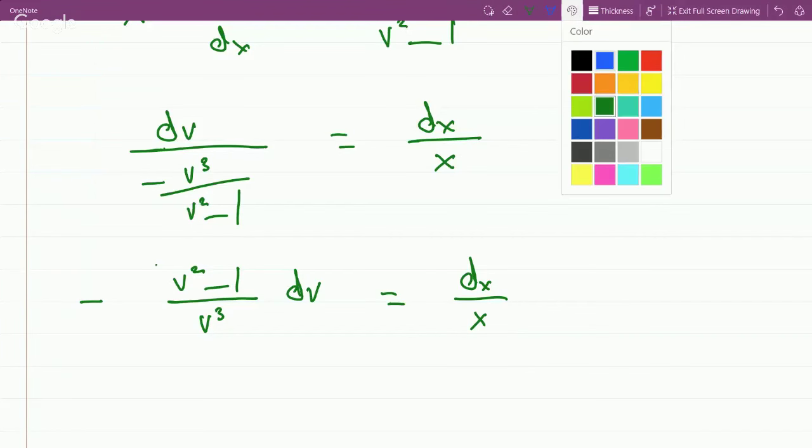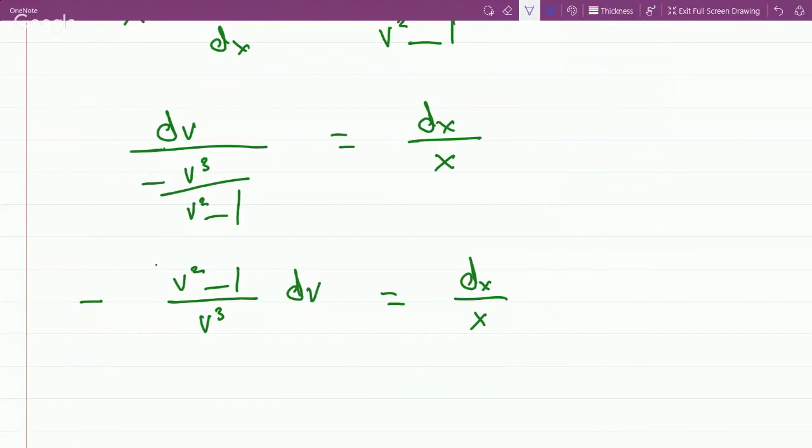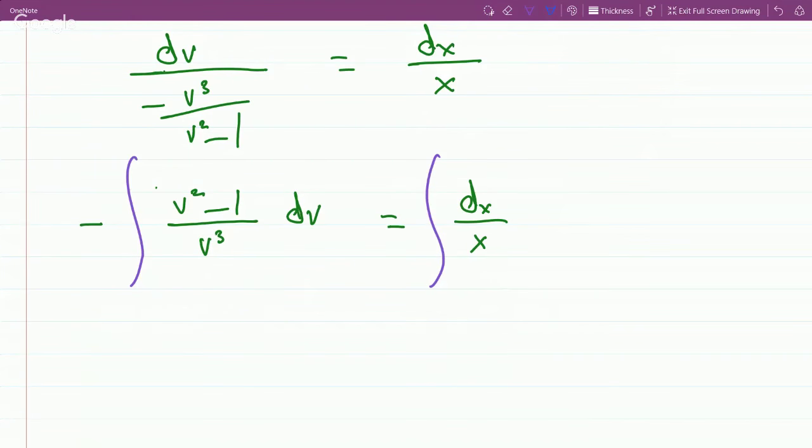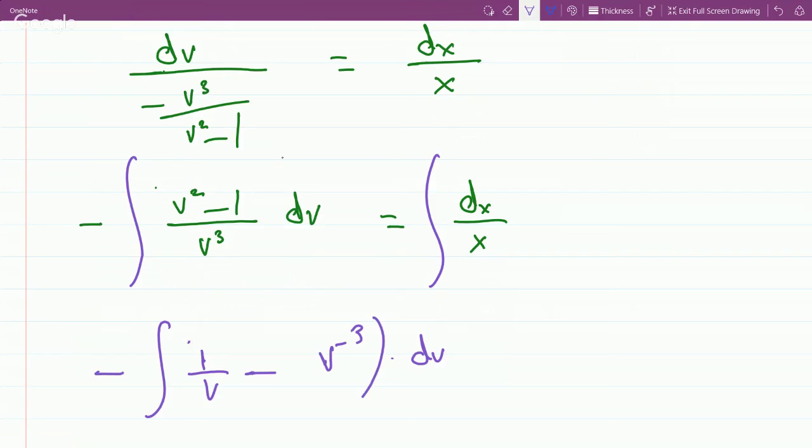Here this will just be minus 1 over v minus v to the minus 3 dv, because 1 over v cubed, equals ln x plus c.